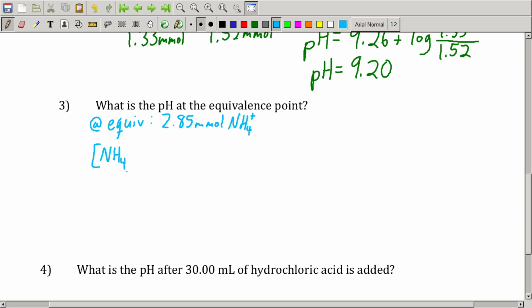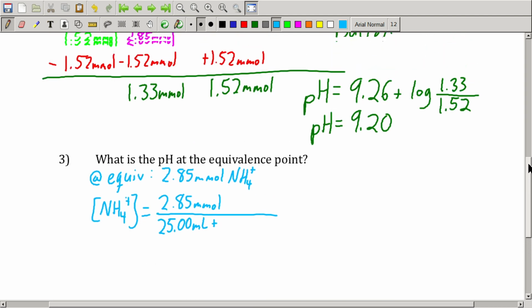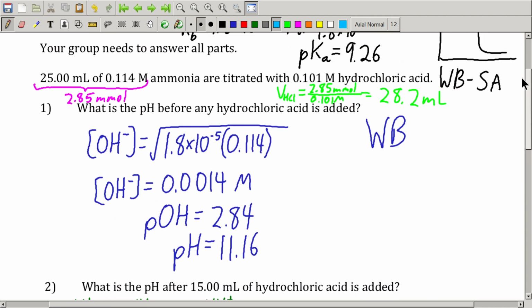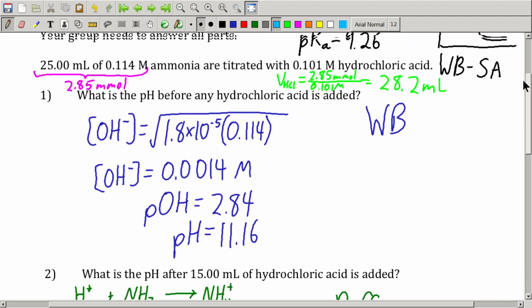We're going to take that number of millimoles and divide it by the total volume of the titration mixture. We started with 25 milliliters of weak base. And to reach equivalence, we figured out that we needed to add 28.2 milliliters of base solution.